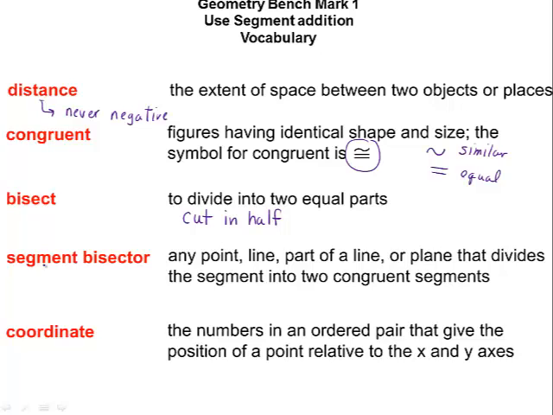Anything that cuts a segment into equal halves. So if you bisect something, each half will be the same size or same length.